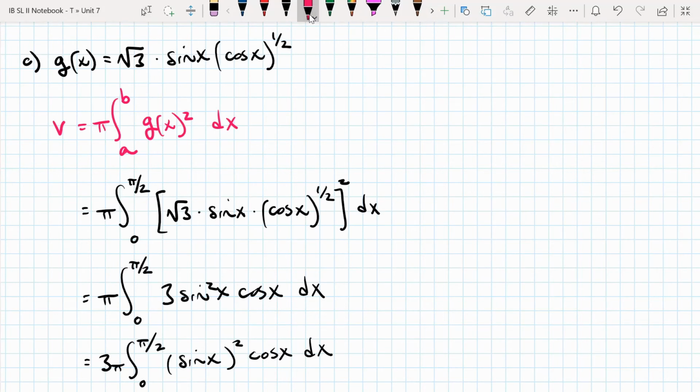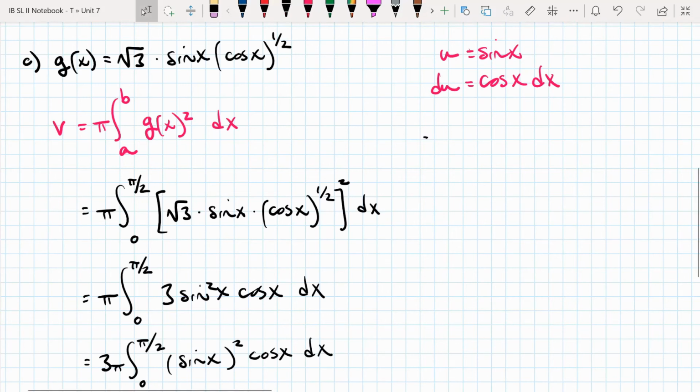In this case, the u value is going to be equal to sine of x, because notice if we take the derivative, du, we get cosine of x dx, which is located somewhere else in the integrand. So now let's do the substitution. This integral is equal to 3 pi times the integral of sine squared, which is u squared, and then cosine dx is just going to be du.